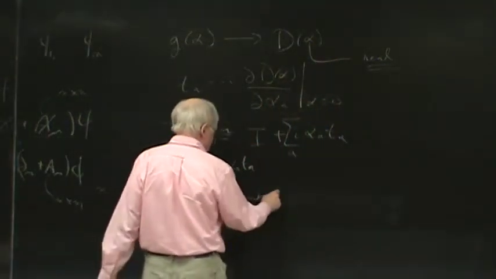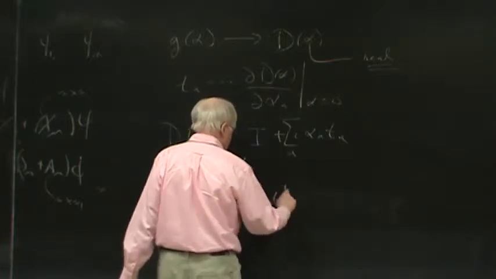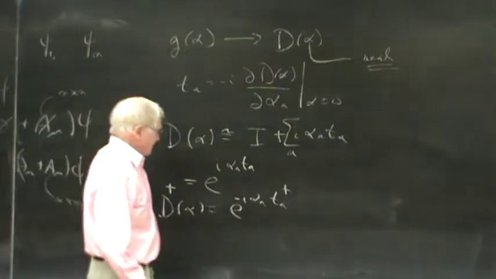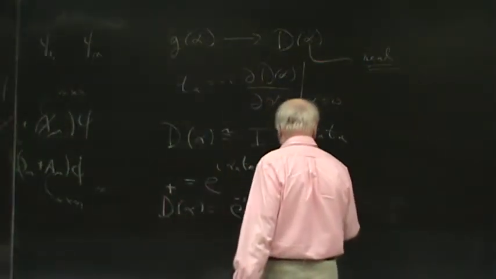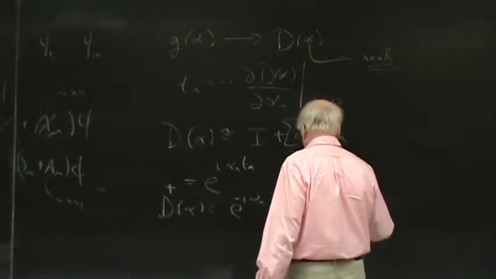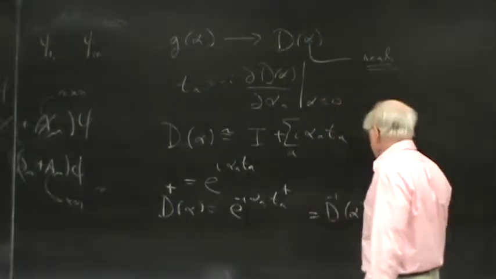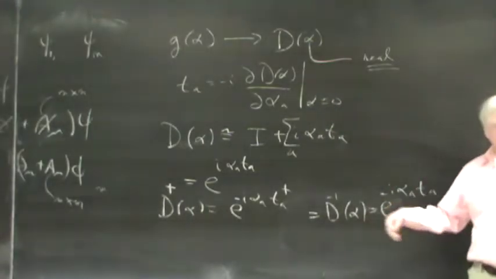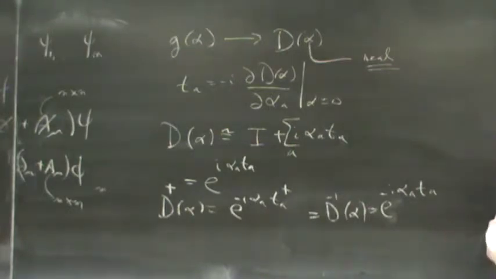Anyway, the inverse of D of alpha, of course, is e to the minus i alpha_A T_A. I'm summing over A using the summation convention.